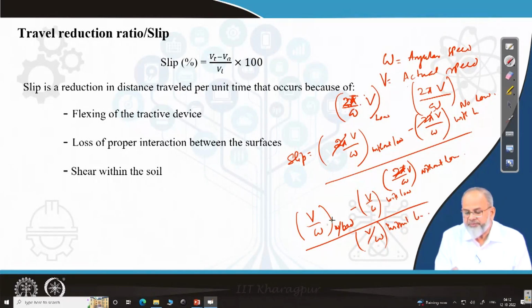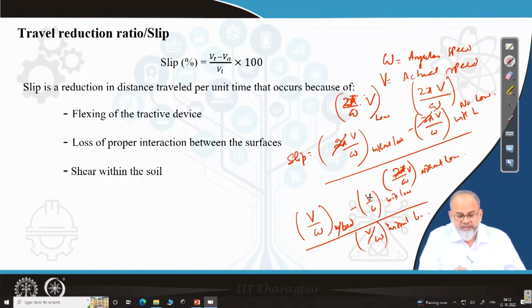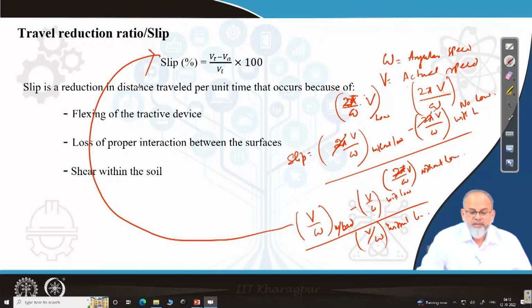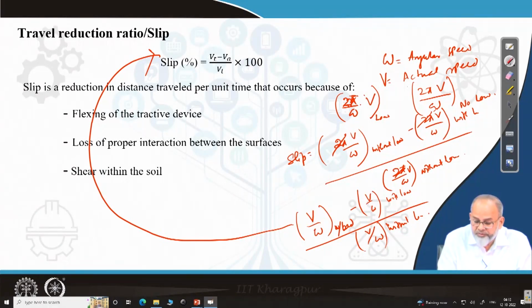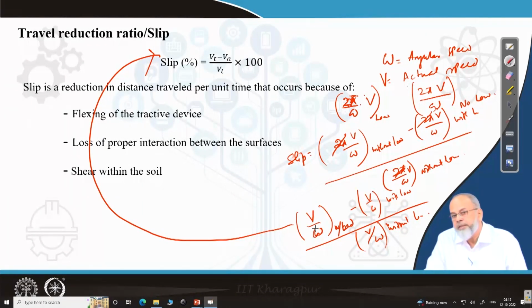When angular speed remains the same, this is the same as the slip I defined earlier. In this equation, the important thing is that we should confirm that omega remains constant. And the slip we generally consider at zero condition. Zero condition refers to the self-propelled condition, so that becomes our zero slip.